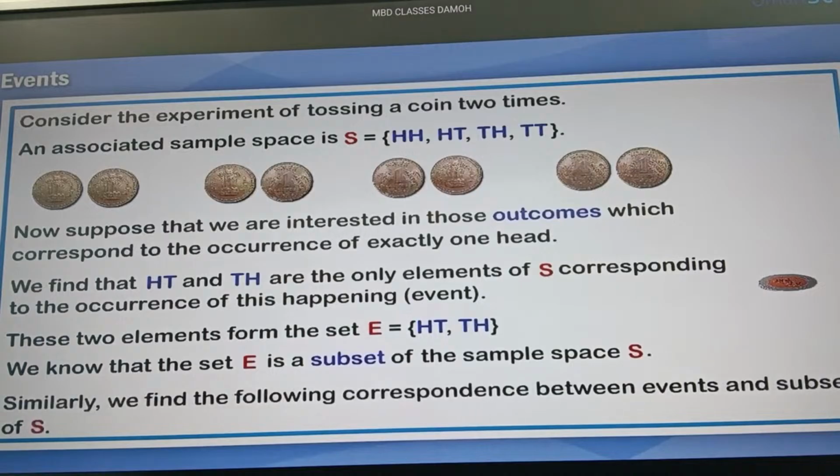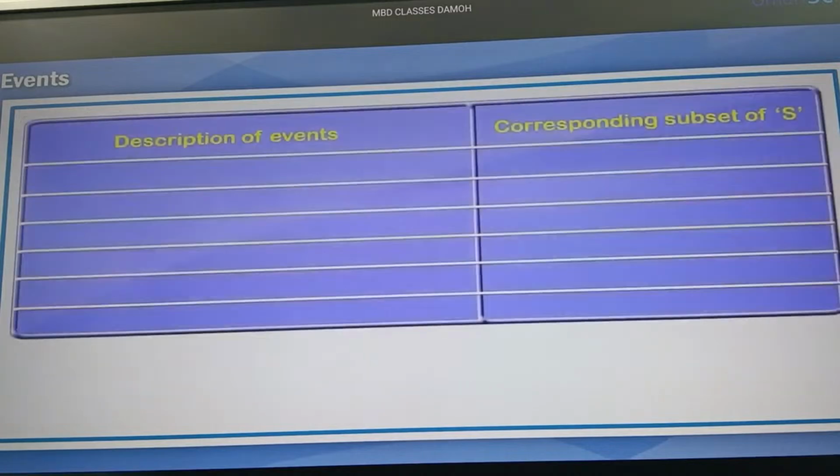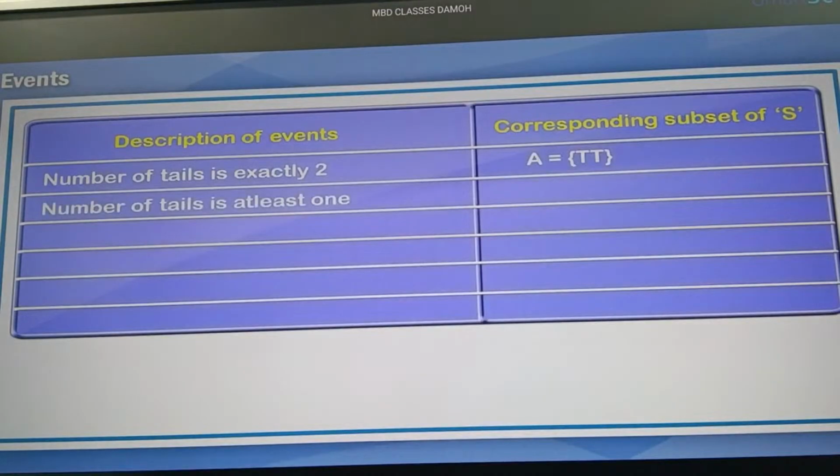Similarly, we find the following correspondence between events and subsets of S. Here you can see a table that shows the correspondence between the events and the subsets of S. Event: number of tails is exactly 2. Corresponding subset of S is A = {TT}. Event: number of tails is at least 1. Corresponding subset of S is B = {HT, TH, TT}.